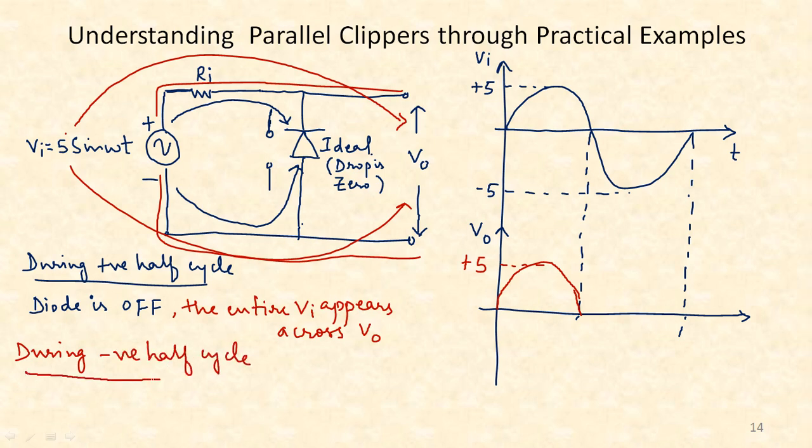Then during the negative half cycle, I should consider the polarities like this, plus minus. So now I am applying negative voltage to the cathode and positive voltage to the anode. What is the status of the diode? Students, it is on. Good. When it is on, it behaves like a short circuit.